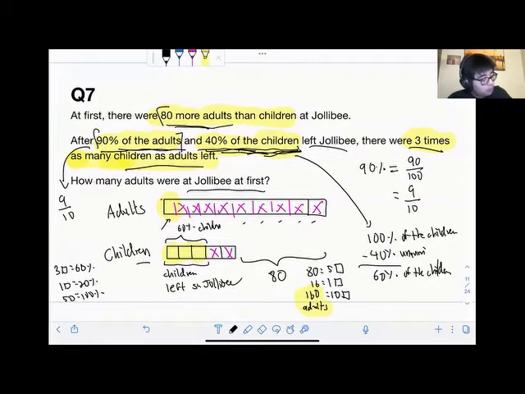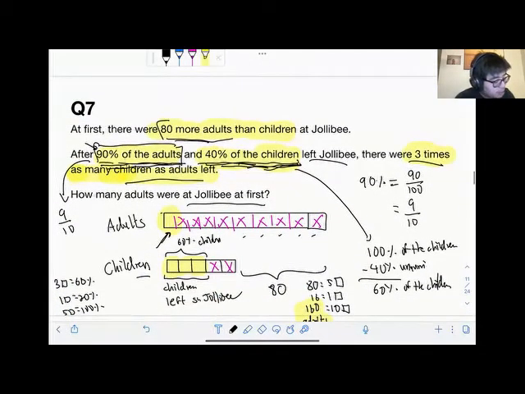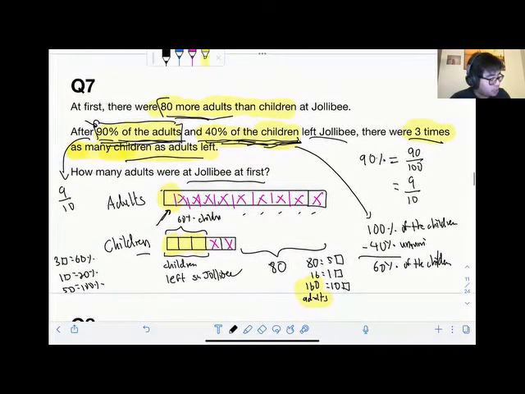But yung punto ng question na to is 90% of the adults, yung 1% ni adults, hindi po siya pareho sa 1% ni children dahil yung adults mas marami nga kesa kay children. And so, kaya po, yung adults, 10 boxes at 9 yung nawala. Pero sa children, 5 boxes, 2 yung nawala.